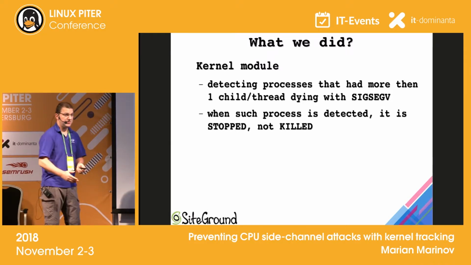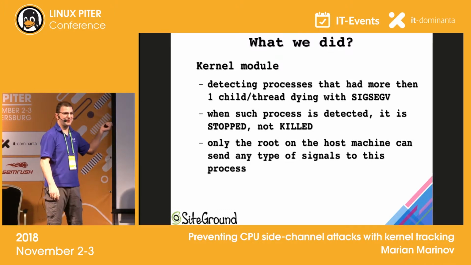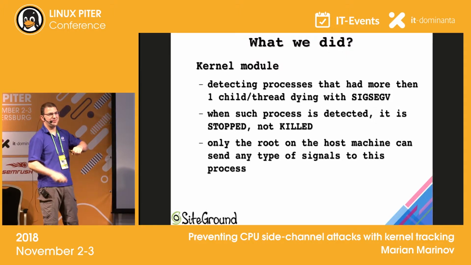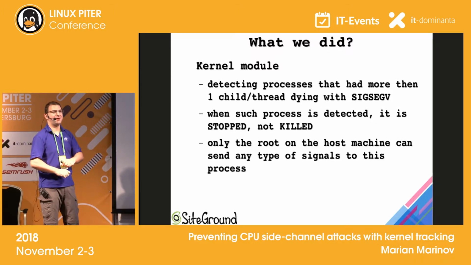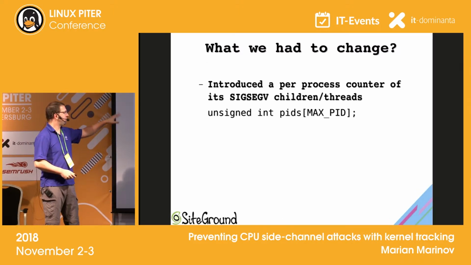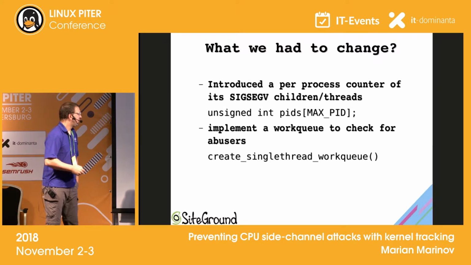It's pretty simple. No, you can't on our servers. All signals going to these stopped processes can now only be used to continue them by the host root and nobody else. So in order to account the segmentation faults, we created a new array in the kernel, and it counts the segmentation faults for each bit.